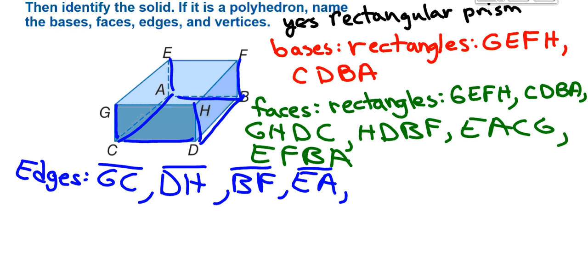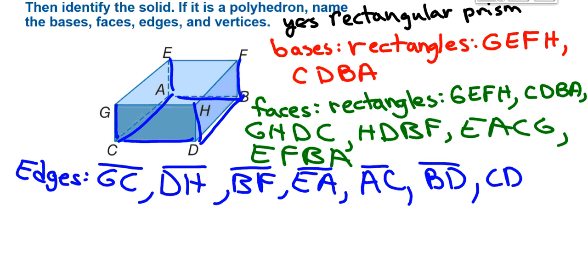Okay, let me pause there. So segment AC, and I might not say them in the same order. Segment AC, segment BD, segment CD, and segment AB. I think I said them all. And then one more set of them.